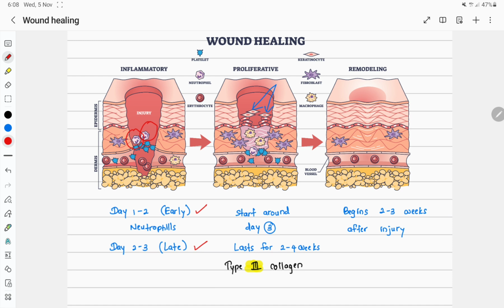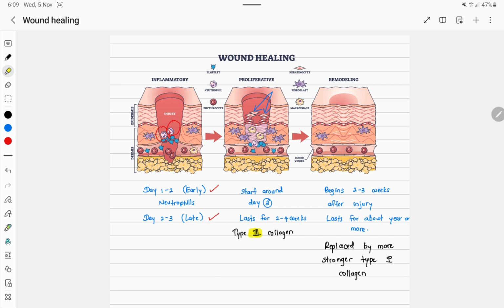And then the final phase is the remodeling phase. This remodeling phase begins 2 to 3 weeks after the injury and lasts for about 1 year or more. In this phase, there is maturation of collagen. There is replacement of type 3 collagen, which was deposited by fibroblasts in the proliferative phase, with stronger type 1 collagen.